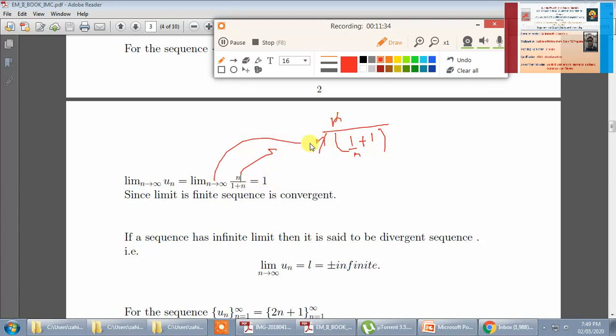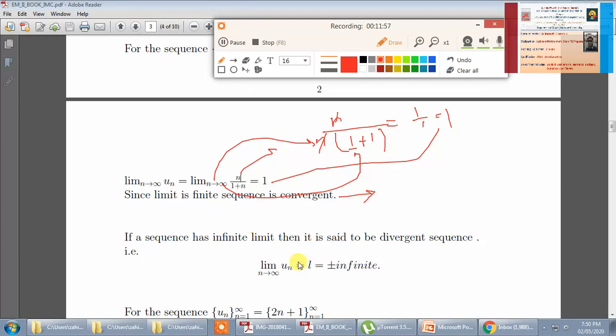Still the limit is n tends to infinity, so 1 upon infinity is 0. So 0 plus 1, and the numerator is also 1. So it is 1 upon 1, that is equal to 1. The answer is 1. Since the limit is finite, this is a convergent sequence. I have given you two examples.